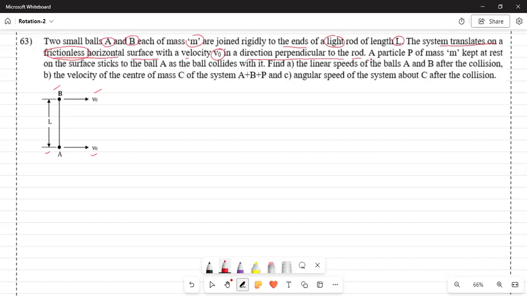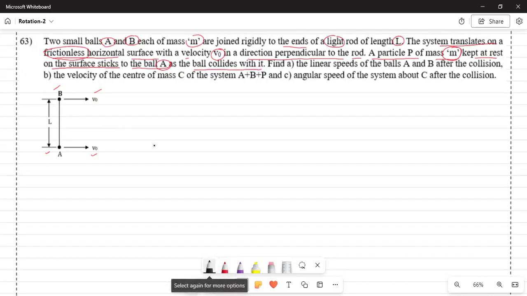Now what happens? A particle P of mass M, once again same mass M, kept at rest on the surface, sticks to the ball as the ball collides with it.